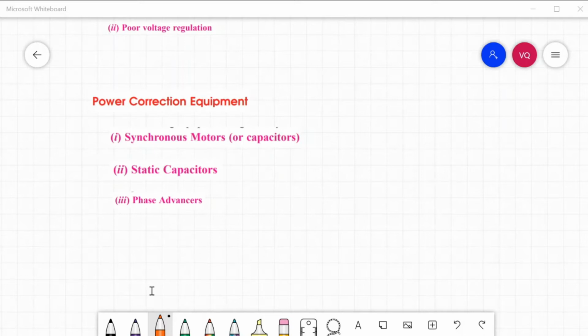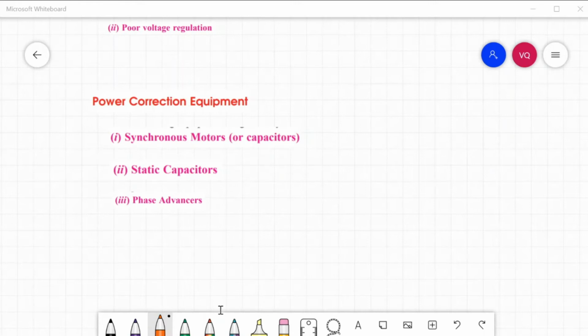However, it may be noted that the economical degree of correction to be applied in each case depends upon the tariff arrangement between the consumers and the supply authorities. So nakadepende kung ano yung pinagkasunduang power factor ng consumers and also the distributors.